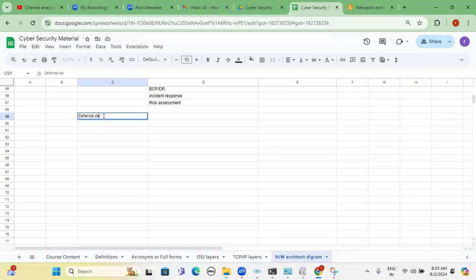Defense in depth control. What is meant by defense in depth control, or the defense in layers approach?